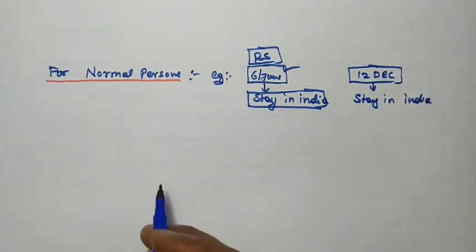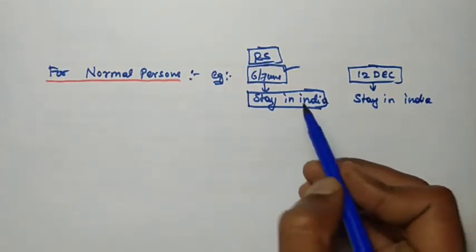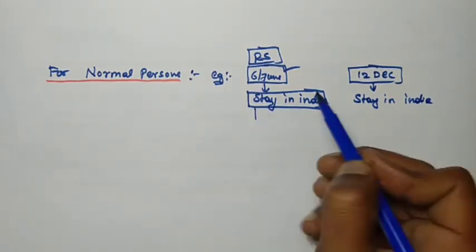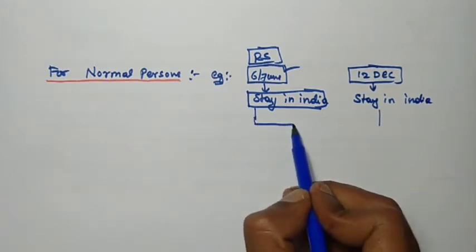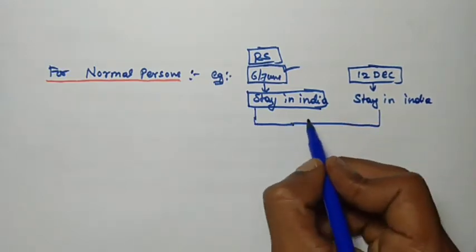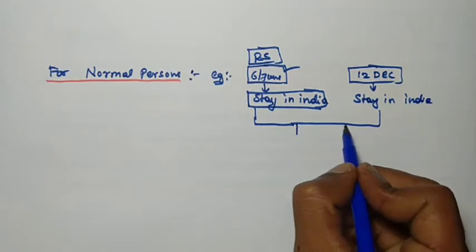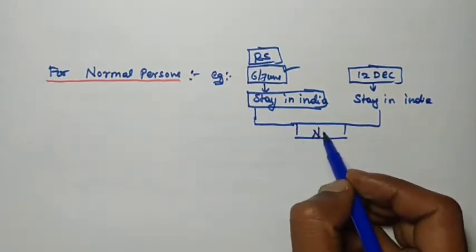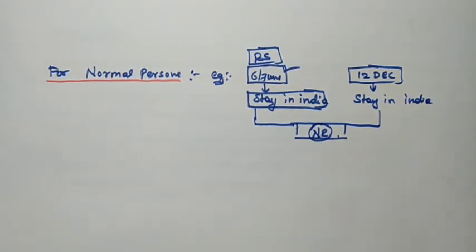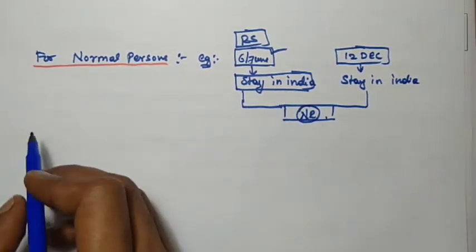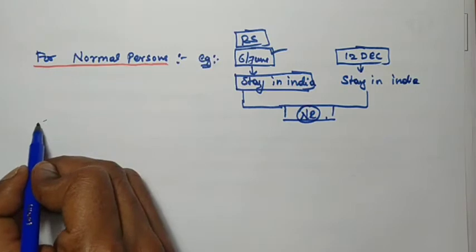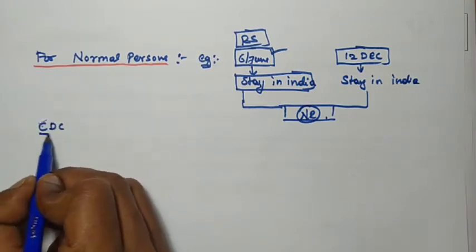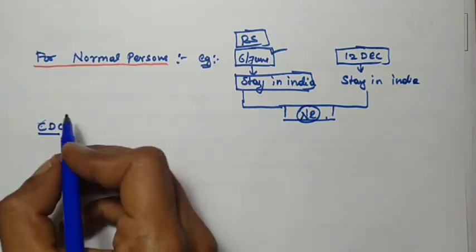But for a crew member of an Indian ship, we shall not include these dates. Means these dates are considered as non-resident. And these dates will be mentioned in the CDC, the continuous discharge certificate.